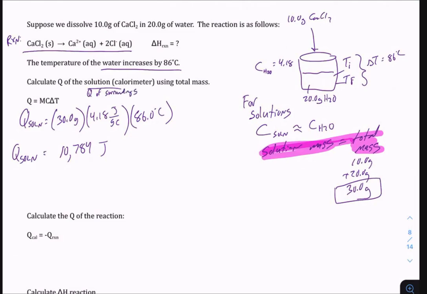Because what is actually reacting? It's the chemicals themselves, right? So Q of the calorimeter and Q of solution mean the same thing, because that's what's taking place with the water part of the reaction.